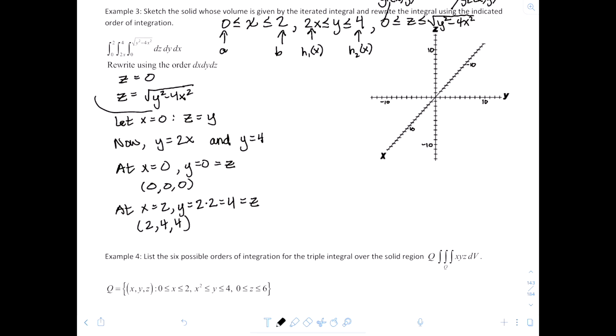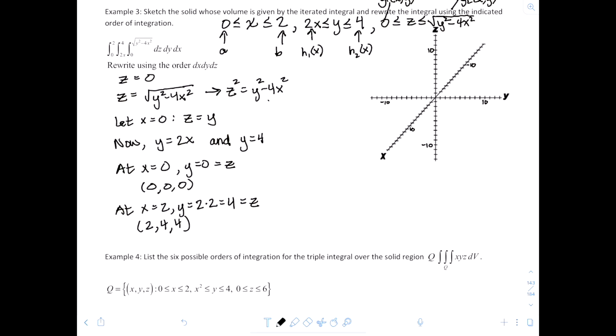Utilizing this one here, this means that z squared is y squared minus 4x squared.